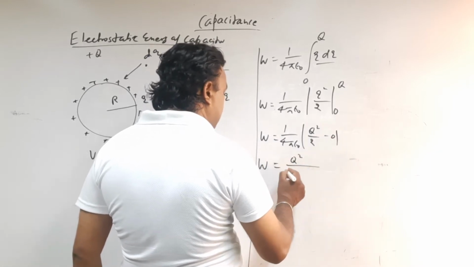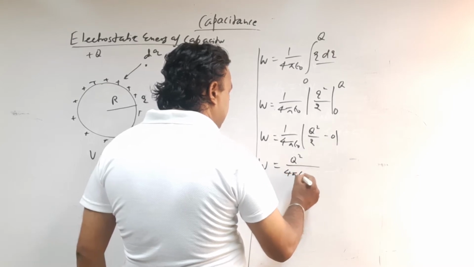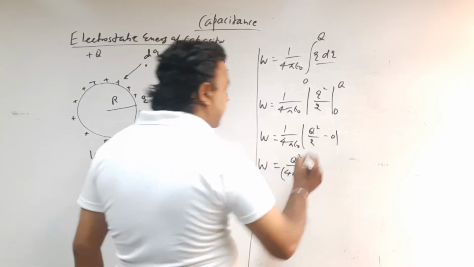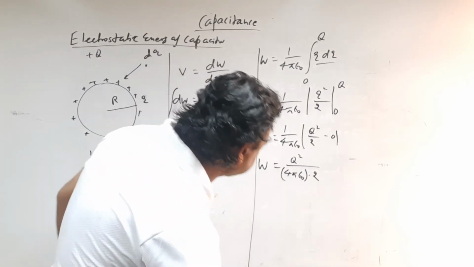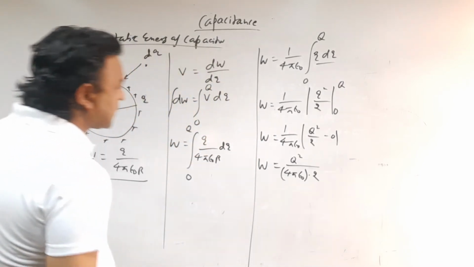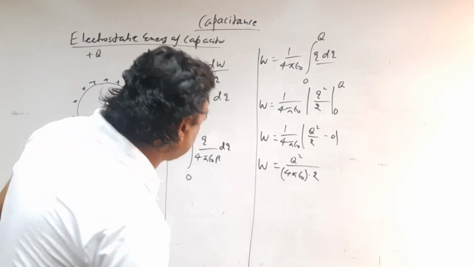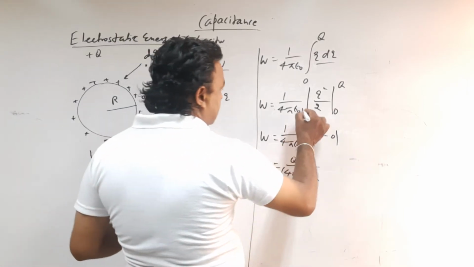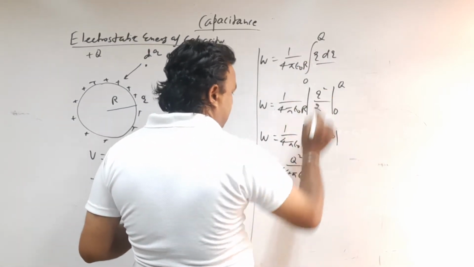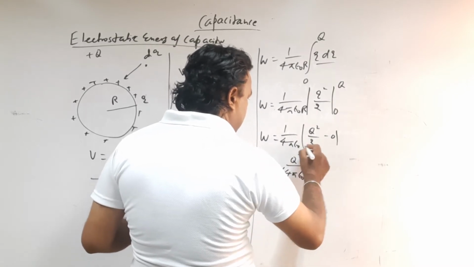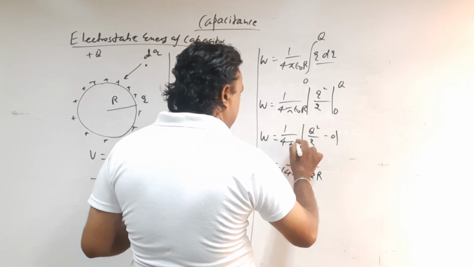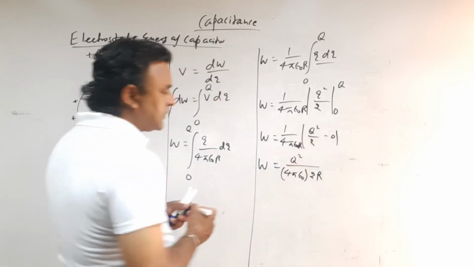I separate the 2. Why do I separate it? I explain here: 4 pi epsilon naught R is also there, so it becomes Q square by 4 pi epsilon naught R into 2.